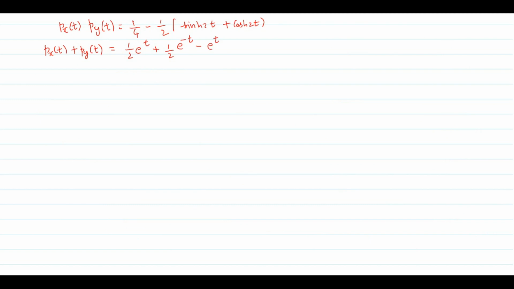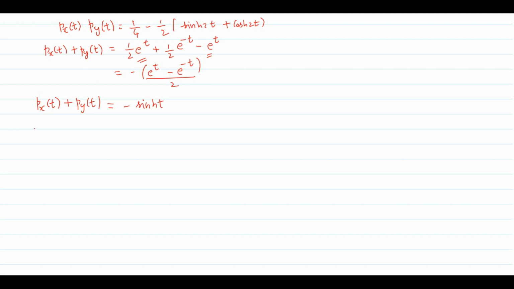Now if you combine these, you will get minus half. So when I take minus outside, e power t minus e power minus t by 2. Therefore p x of t plus p y of t can be written as minus sine hyperbolic t.